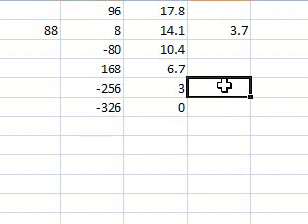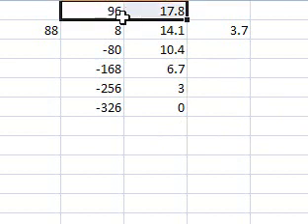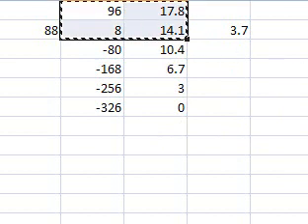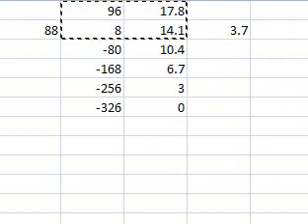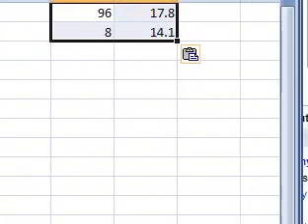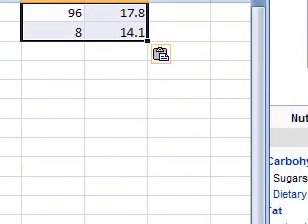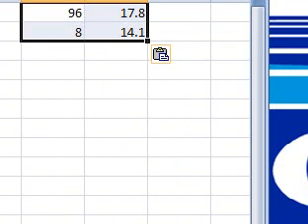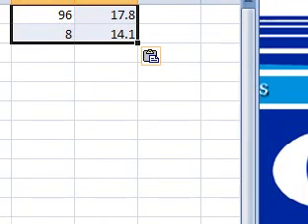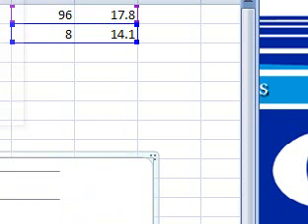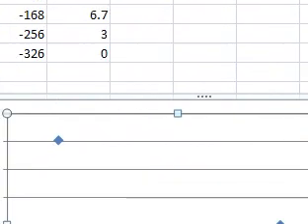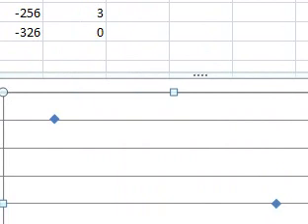There's another one that I can do, so let me show you that one. That's where I take these data and graph them with a scatter graph. Here's the scatter graph, and I have to do something with it.